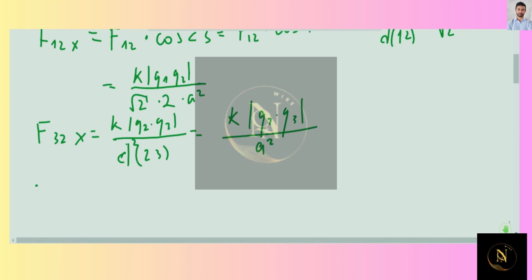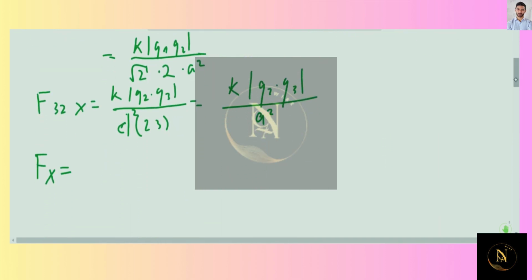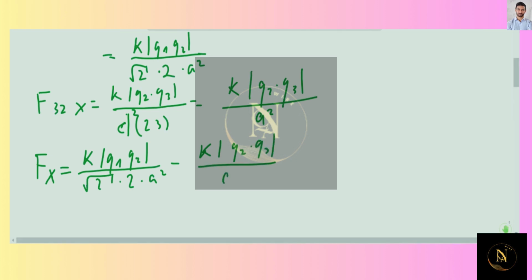So therefore Fx equals K Q1 Q2 divided by square root of 2 multiplied by 2 by a squared minus K multiplied by absolute Q2 Q3 divided by a squared.